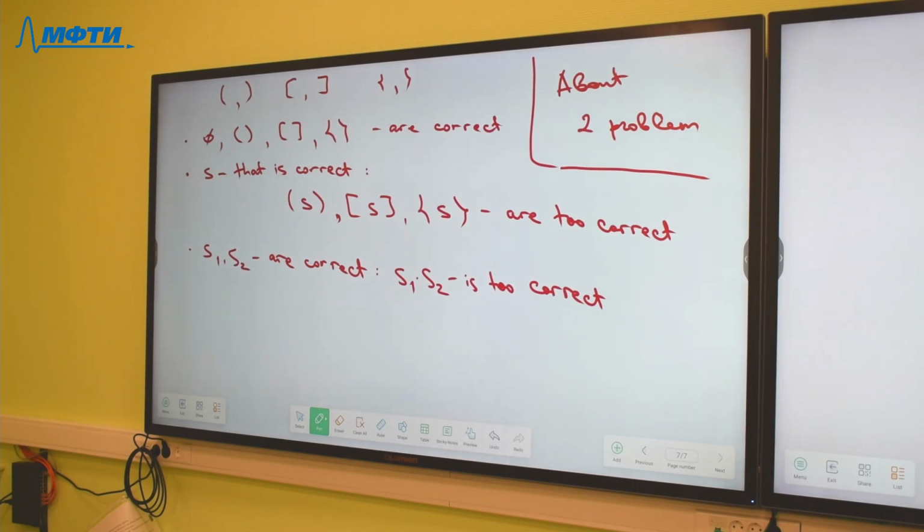So the answer is equal to a pair of two brackets in the first example. And the next example is similar, but more complicated.